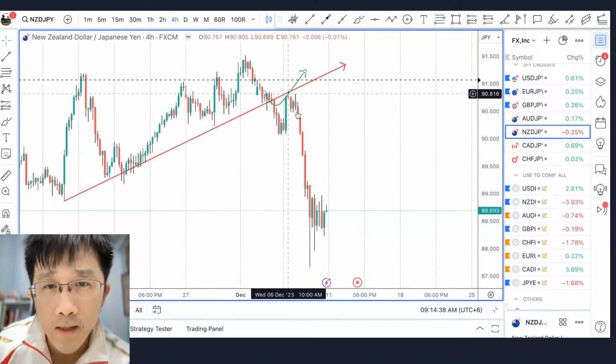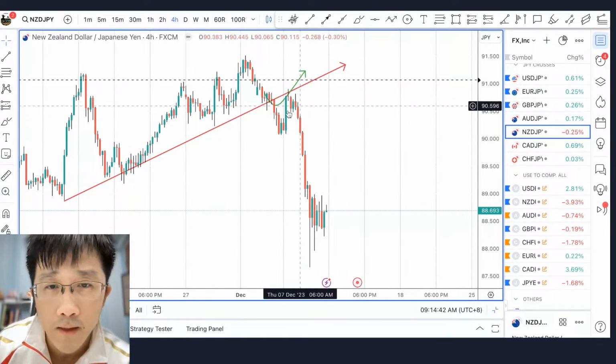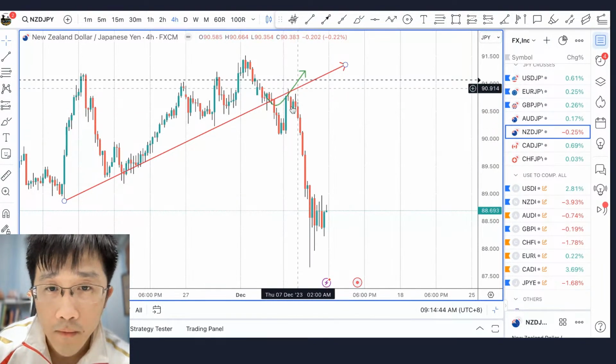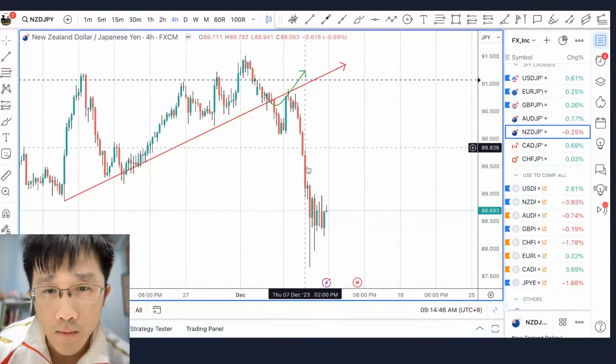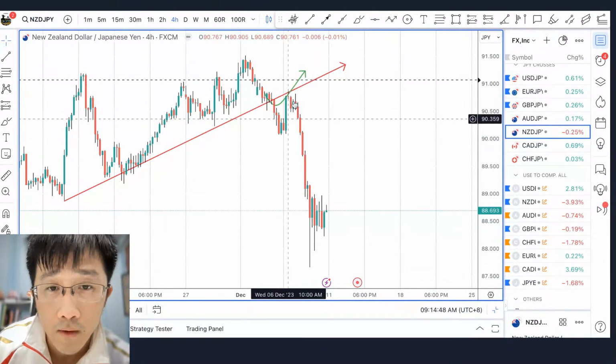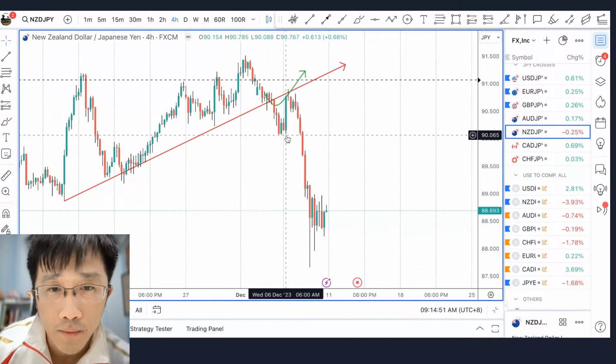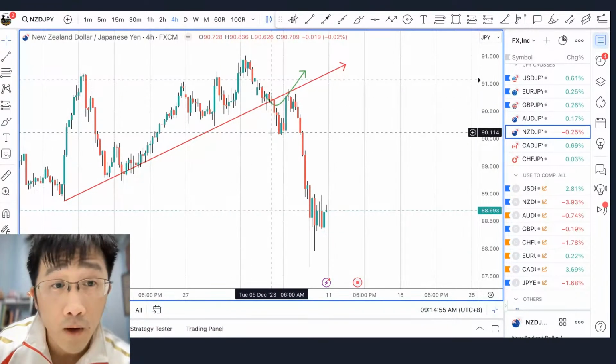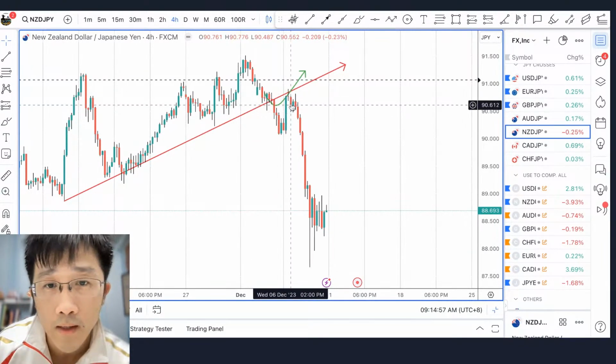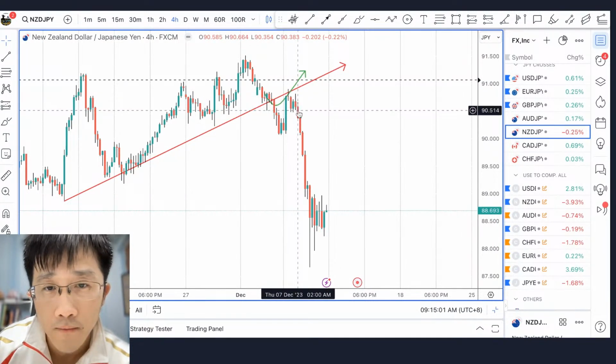I was actually looking at it, but for some reason I just missed this. It was down all the way, because this is a classic break of the 4 hourly to a lower low, with a lower high formed, and then it just turned down from here onwards.